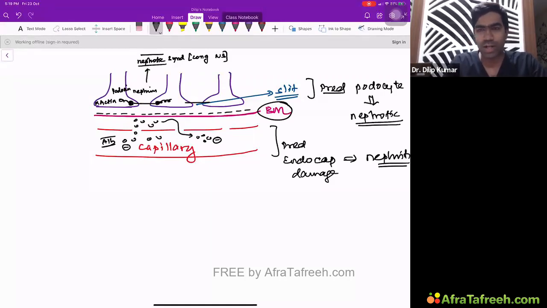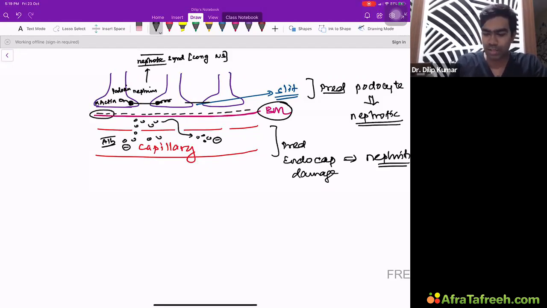So this is also one reason why you don't commonly get albuminuria. But whenever you lose these basement membrane negative charges, you can get albuminuria, typical albuminuria, and you can get other forms of proteinuria as well whenever you lose this capillary basement membrane charge. So this is one important thing that you need to know.